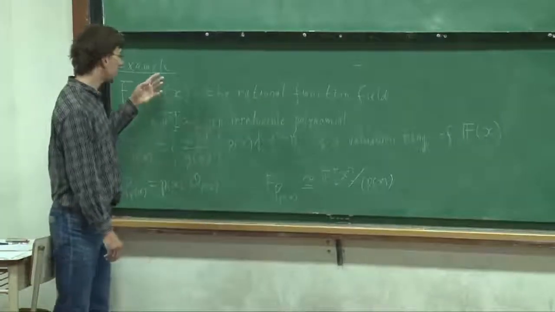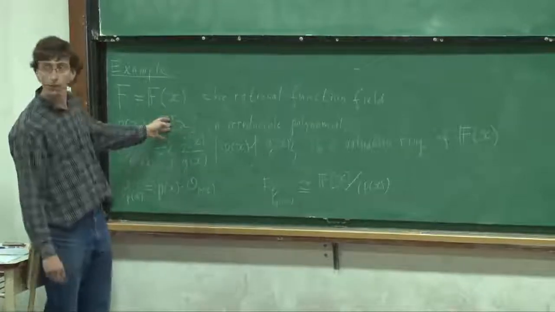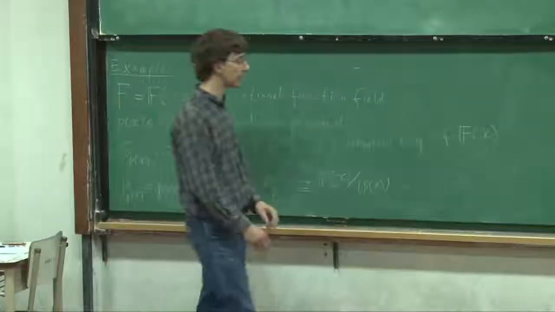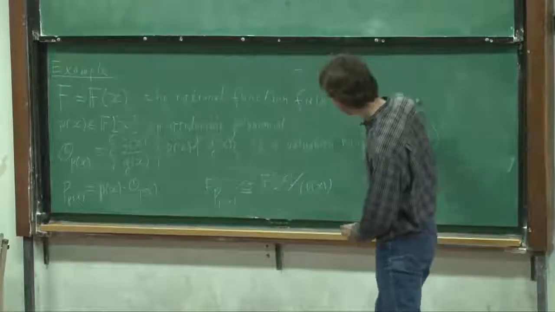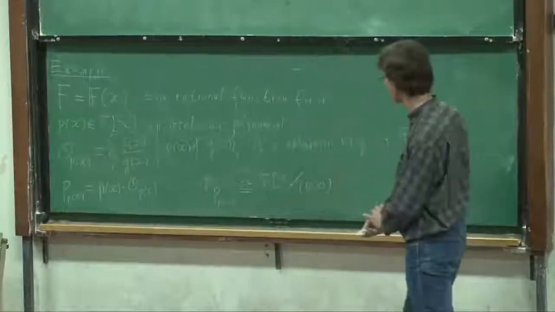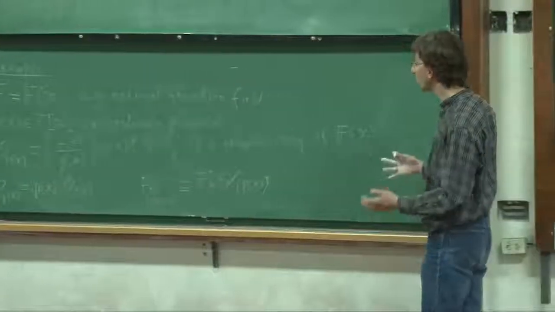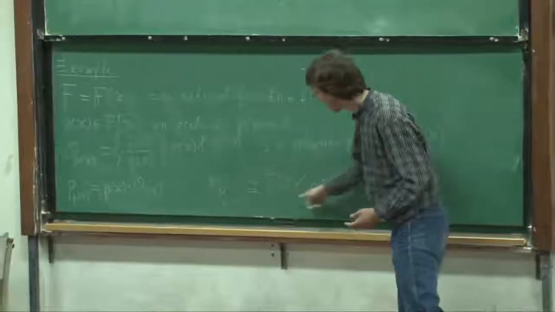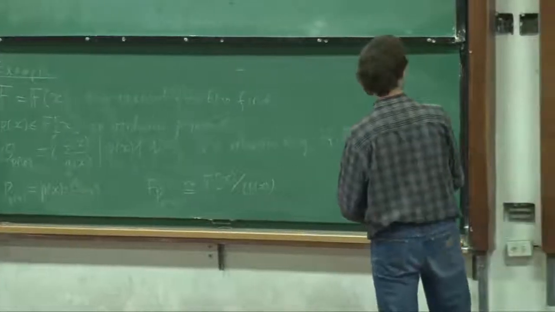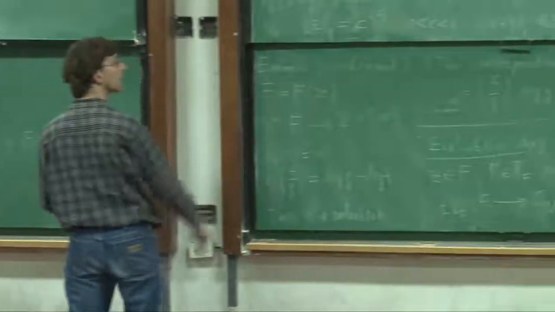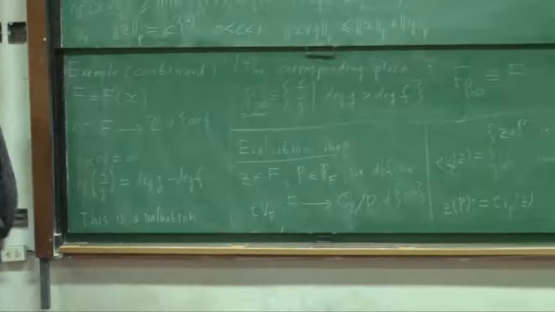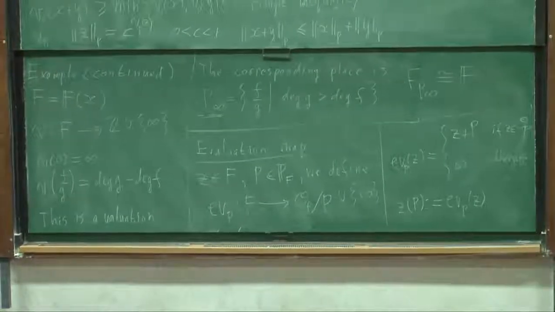There are some very simple irreducible polynomials, namely just x minus a constant, and for those you would just get F back again. But if P is an irreducible polynomial of higher degree, then this is going to be a proper extension field. And with that other example, the place at infinity, we just get F back after all.